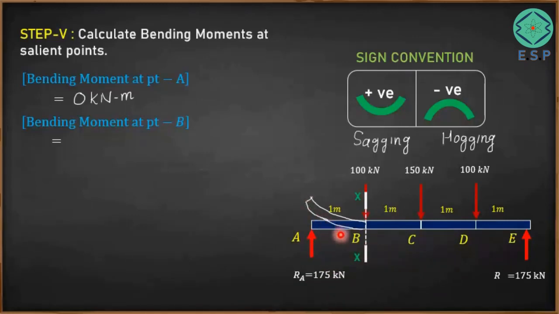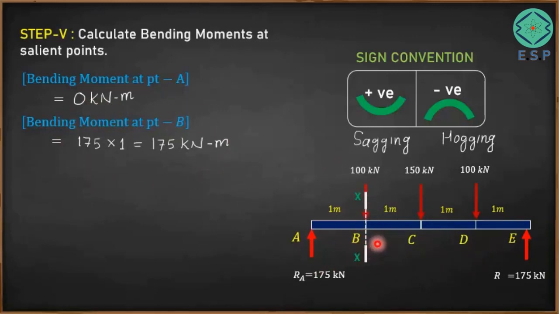If you compare this curvature of the beam due to bending, it is similar to the first case, which is called sagging of the beam. So due to this force, there is sagging of the beam. This is going to be the positive bending moment, and its value is 175 times 1 meter, that is 175 kilonewton meter. So this is the bending moment at point B.